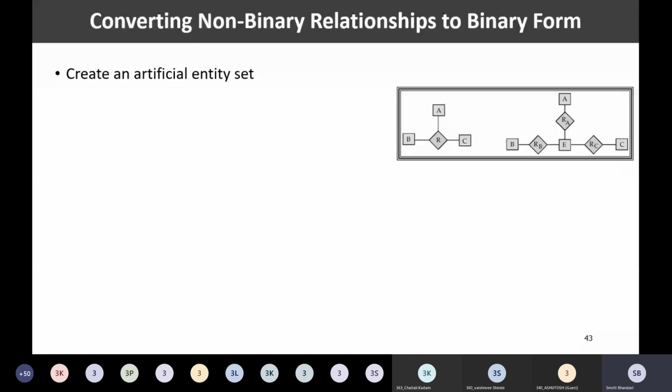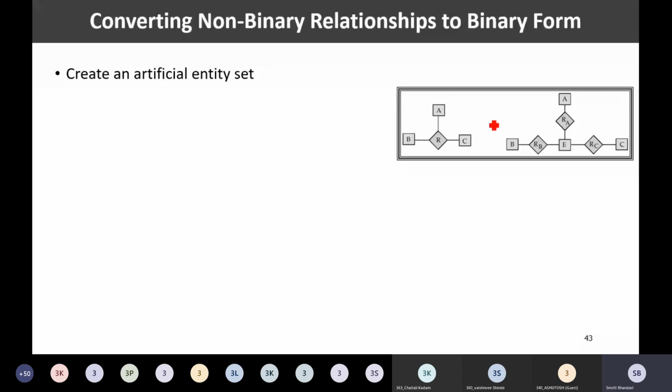Okay, so I am giving you here the set of rules. If I am having, say for example, a ternary relationship like this R, wherein I am having participation of three entity sets A, B and C, right? Then I can convert this ternary relationship into a number of binary relationships. So how to systematically do that? We are having certain steps to be followed.